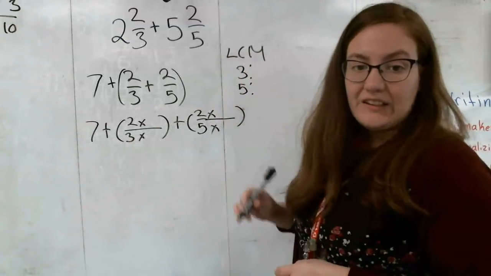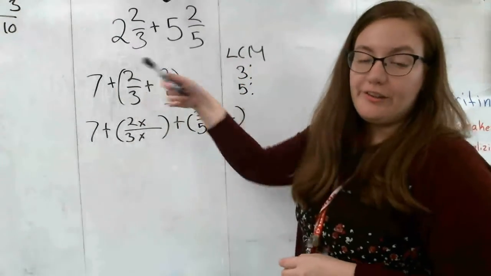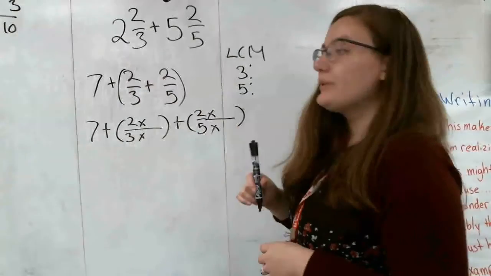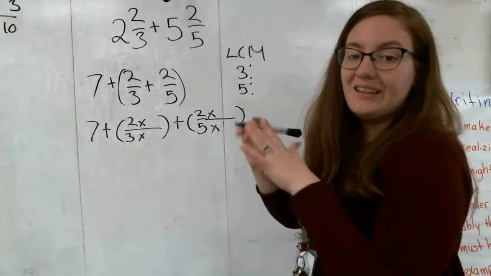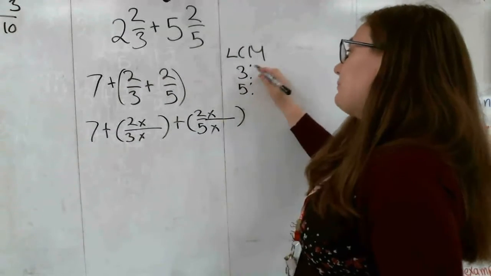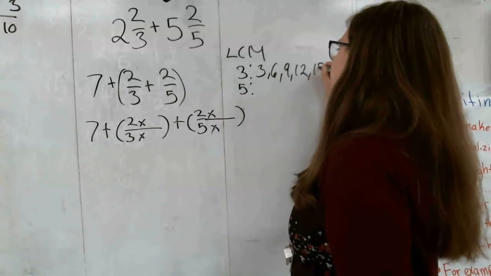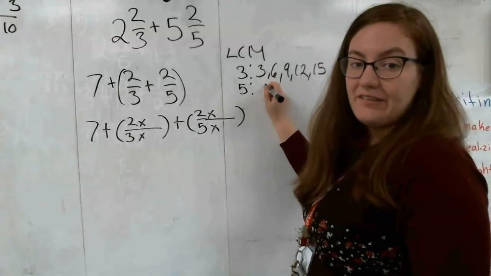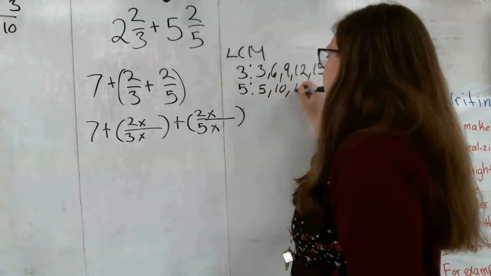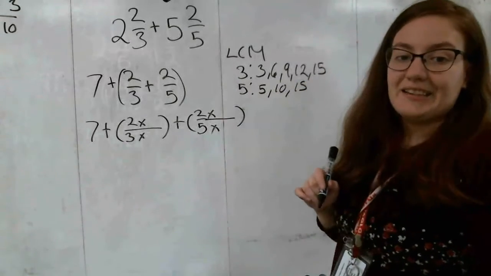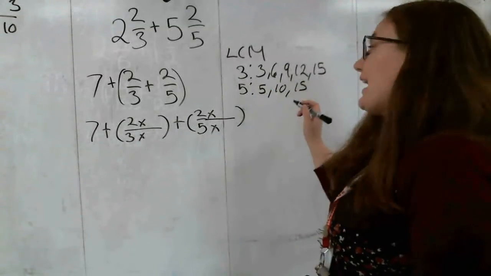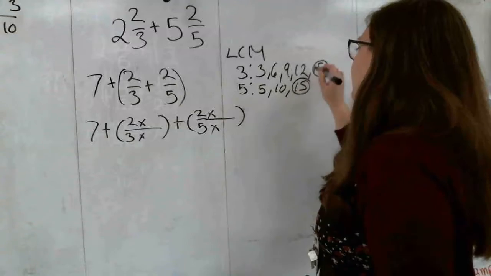Remember, we only find the LCM of denominators. We don't find the LCM of numbers on the top because we just want to find common denominators. So we're going to count by 3. So we have 3, 6, 9, 12, 15. I'm going to count by 5s. 5, 10, 15. And I see that the smallest number that both rows have matching is 15.